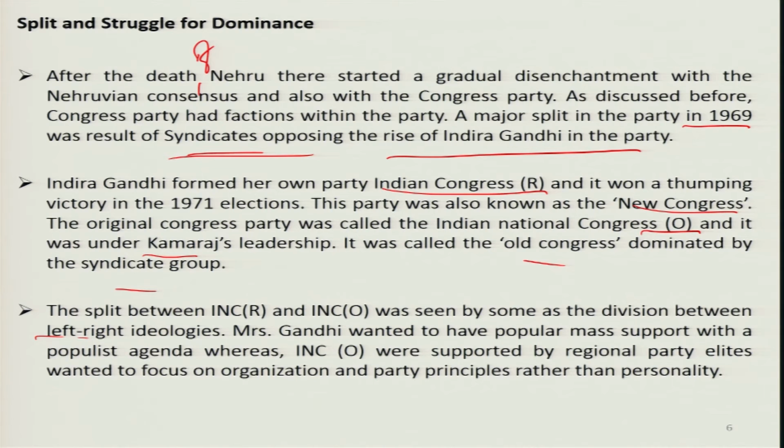Mrs. Gandhi wanted to have popular mass support and wanted to personalize power with a populist agenda, whereas Indian National Congress organization was supported by many regional party elites who wanted to focus on organization and party principle rather than personality cult.